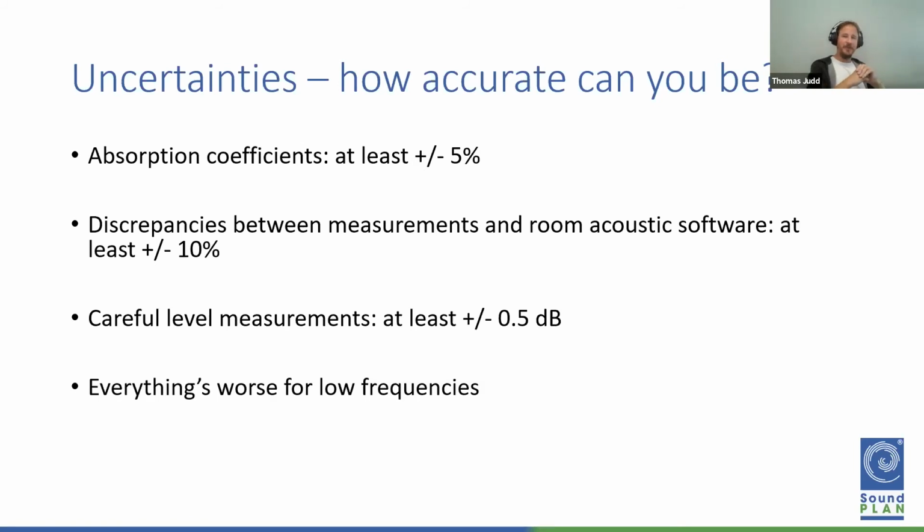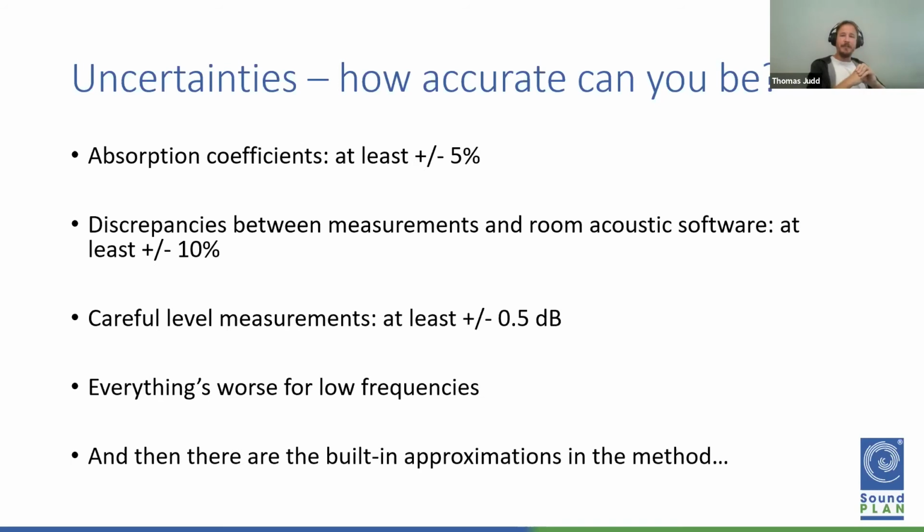Don't forget, everything's worse for low frequencies, partly because the wave physics starts to kick in. So these geometrical things start to struggle a bit more, and equally the measurements have trouble with the low frequencies as well. Don't forget, there are built-in approximations for these geometrical methods.